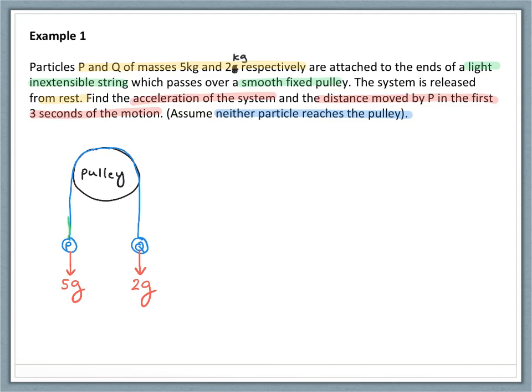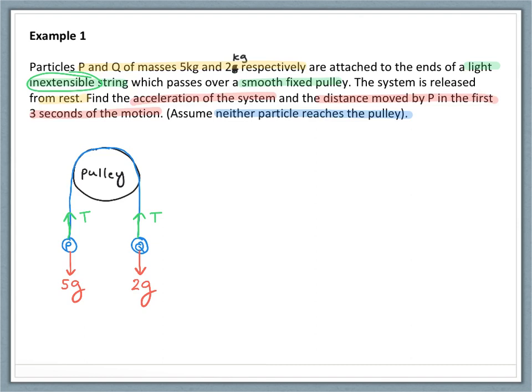And there will be a tension in the string here and a tension in the string here like that as well. Now, the tension is constant throughout the string because we have assumed it is inextensible, and that simplifies our calculations quite significantly.